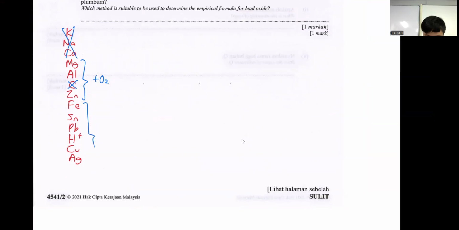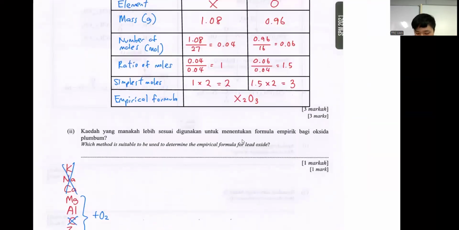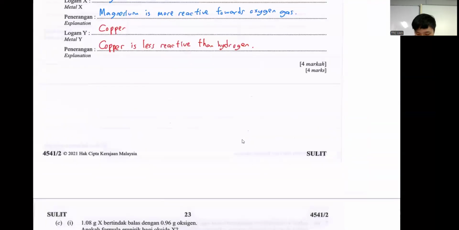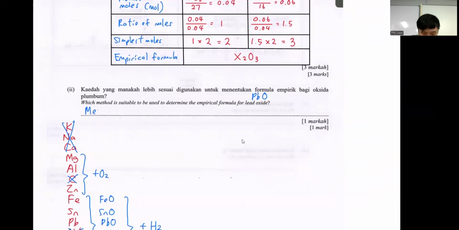Normally these five, starting from iron: iron(II) oxide, tin(II) oxide, lead(II) oxide, copper(II) oxide, silver oxide. All these are heated with hydrogen gas for the second experiment. So which method for lead oxide? The PbO, method 2, the hydrogen one.